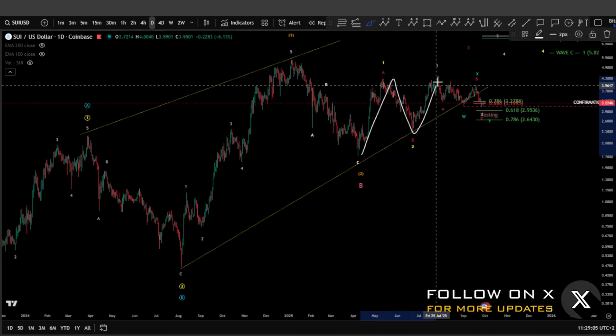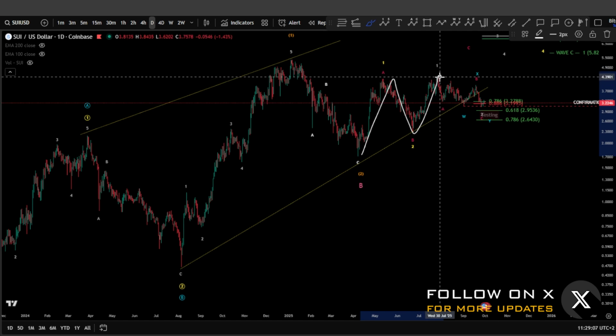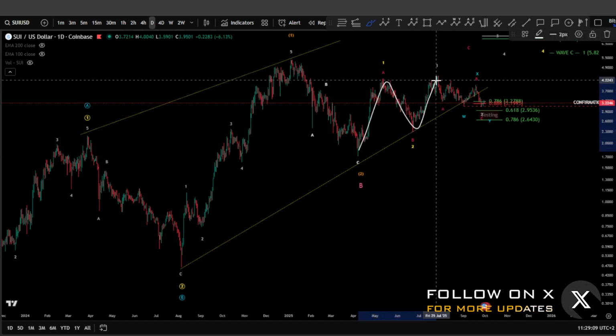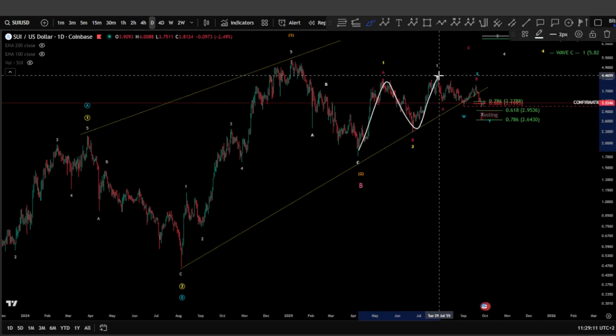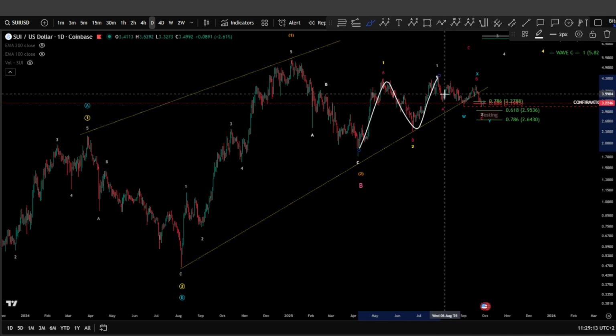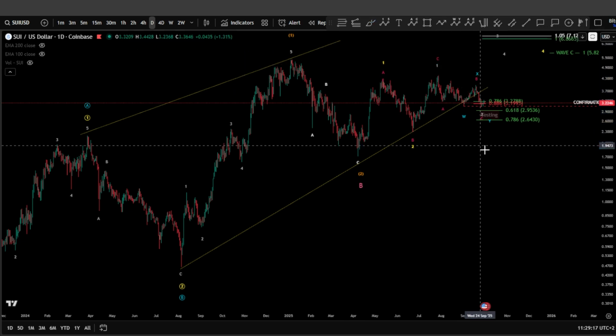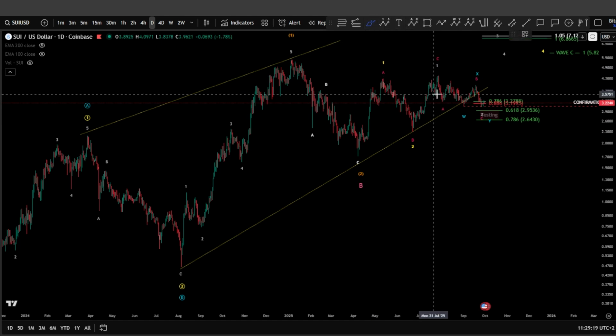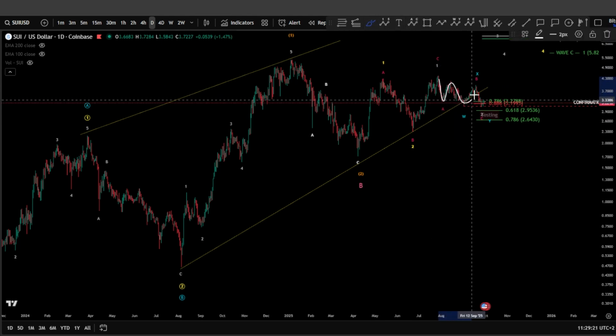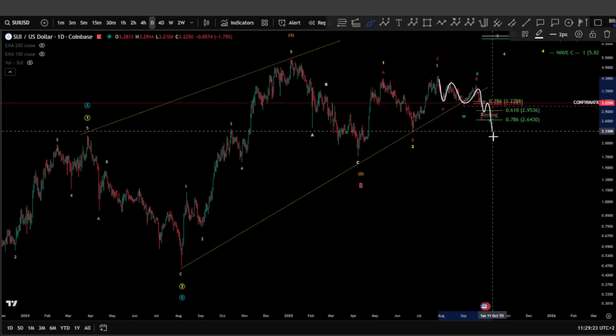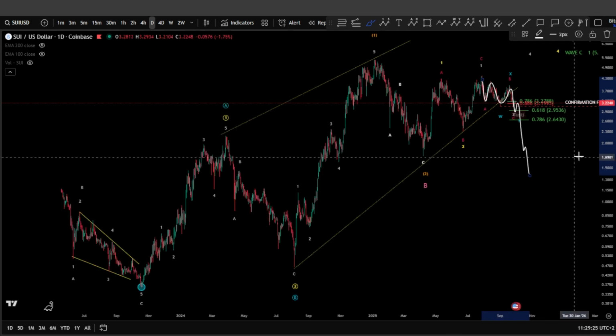Meaning, if this has finished here as a zigzag, as double impulses, we can see a zigzag finished potentially as an ABC, and that means this wave C has finished already over there, and we are looking after it for something like a double 1, 2 here, and we're looking for another 1, 2, and 3, 4, and a 5.